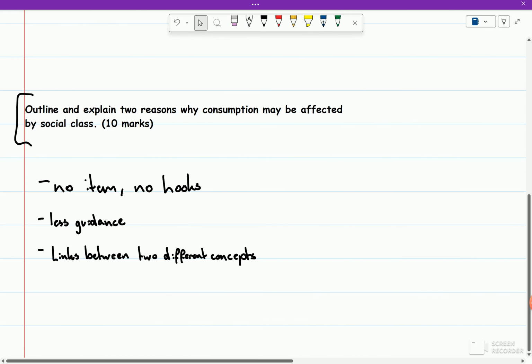So obviously, in this scenario, we've got social class and how this influences consumption, or how it's affected. So obviously different social classes will have different rates of consumption.